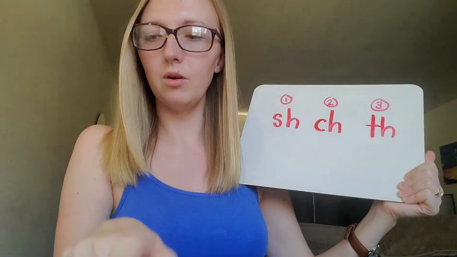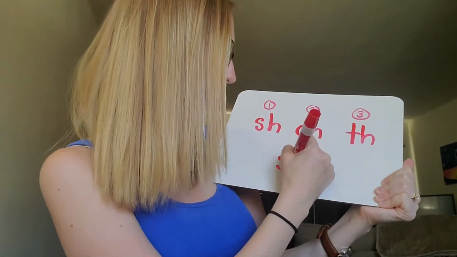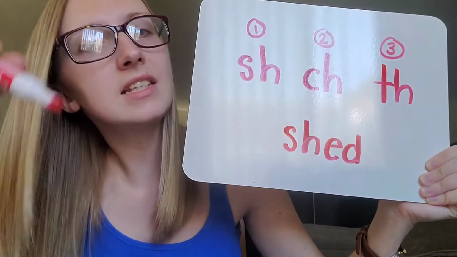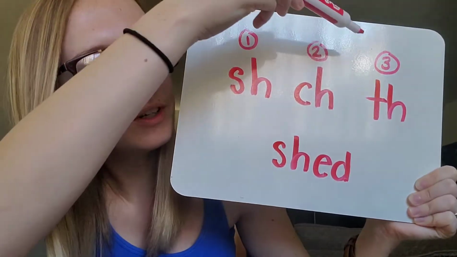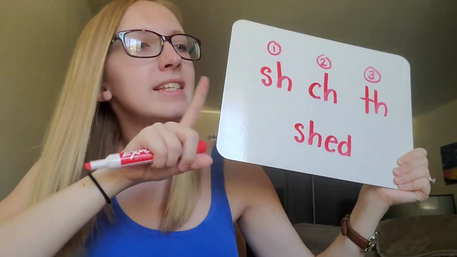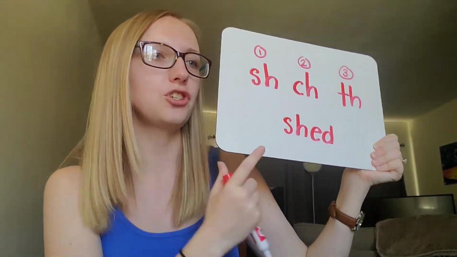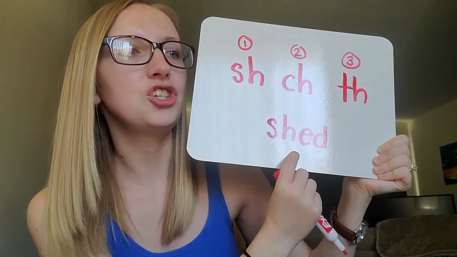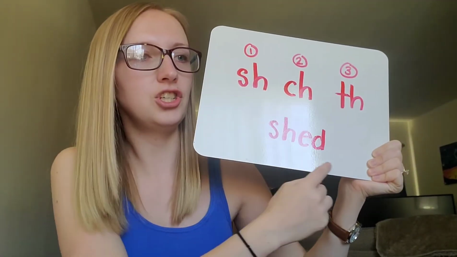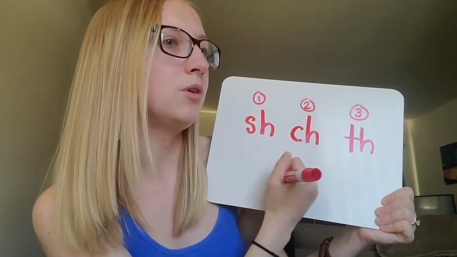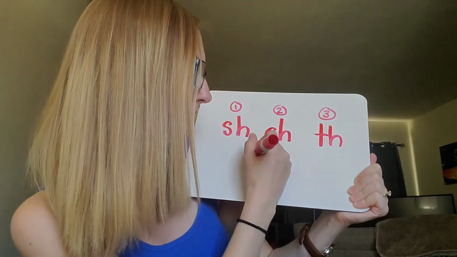Okay. What about this word? Does this sound have sound 1, 2, or 3 in it? Sound 1, it has SH. Ed, shed, shed. Okay, now let's try one more where we can see the word.